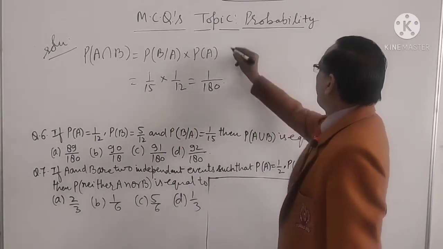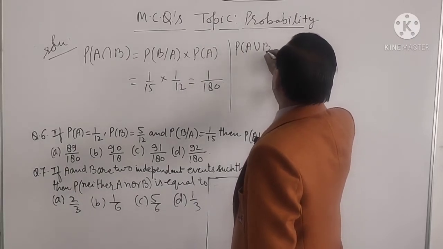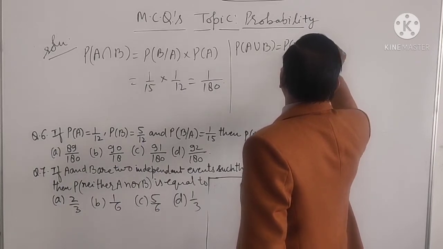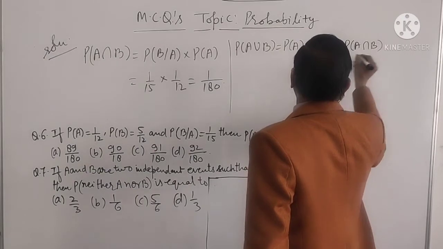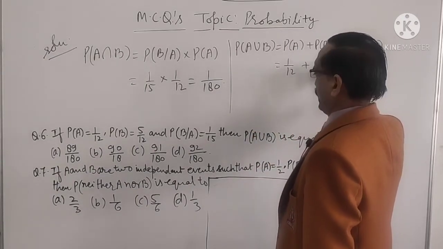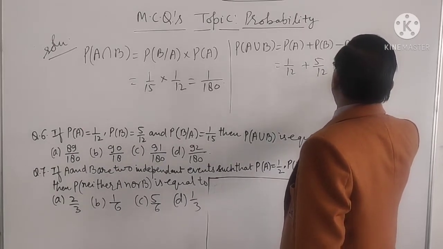Then P(A union B) equal to P(A) plus P(B) minus P(A intersection B). Here P(A) 1 by 12, P(B) 5 by 12 minus 1 by 180.